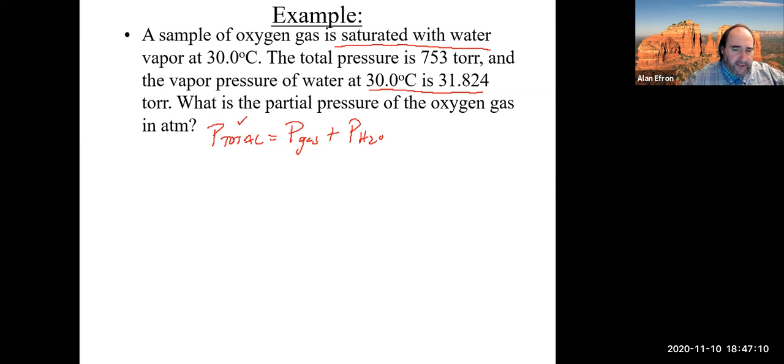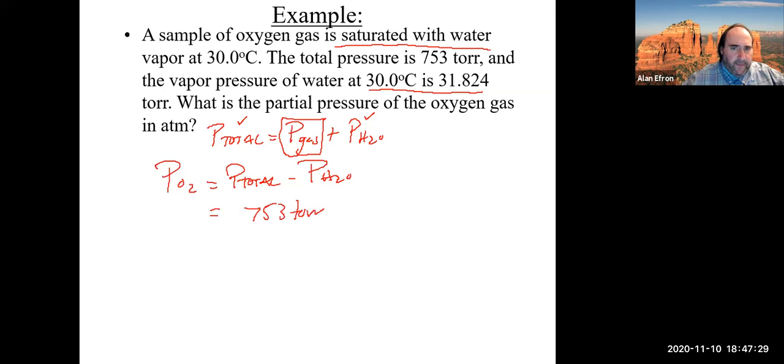We have the total pressure, we have the vapor pressure of water. So we can solve for the pressure of oxygen gas. The partial pressure of oxygen would be our total pressure minus the vapor pressure of water at that temperature. Our total pressure being 753 torr minus 31.824, which is our vapor pressure of water at 30 degrees Celsius. And again, we would get this value from a table.